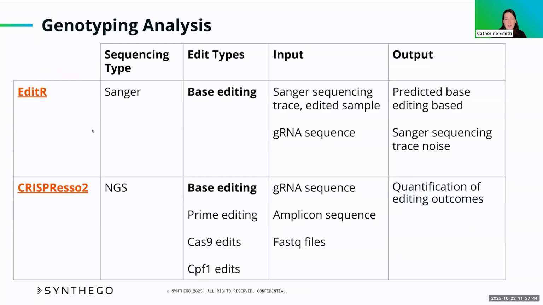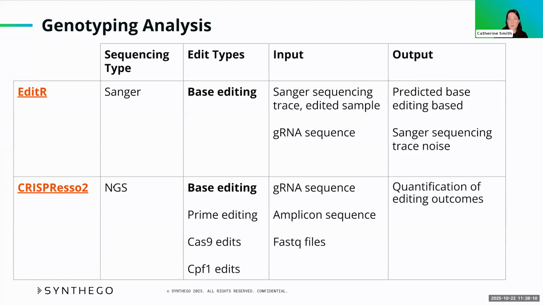I'd like to emphasize here a couple of free tools that are available for genotyping analysis. If you're planning to use Sanger sequencing, I recommend EditR, which is another wonderful tool provided by the Moriarty Lab. This is a purpose-built tool for base editing analysis based on Sanger sequencing data that provides information about the predicted base editing present in your sample.